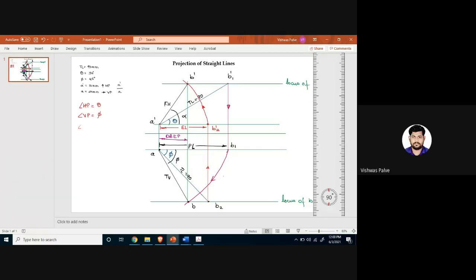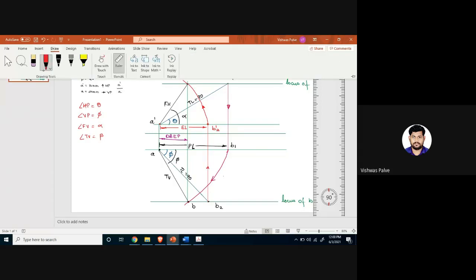Inclination of front view, what is the notation? Alpha. Inclination of top view, what is the notation? Beta. So these are the four angles in this line problem: inclination with HP, inclination with VP, inclination of front view, inclination of top view. Understood this concept? All four angles should be very crystal clear.